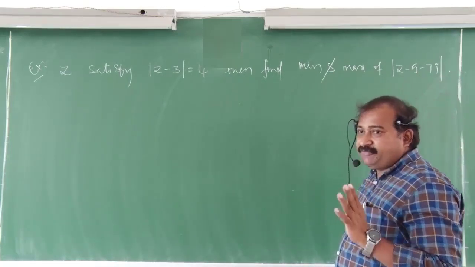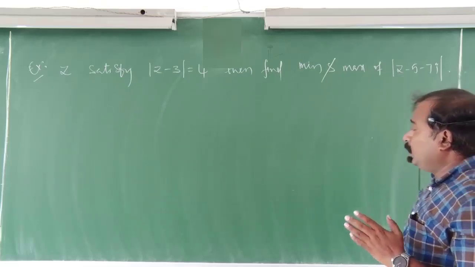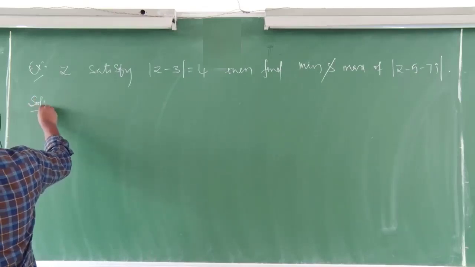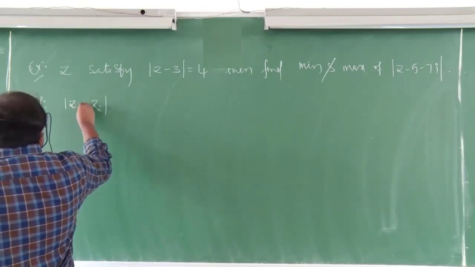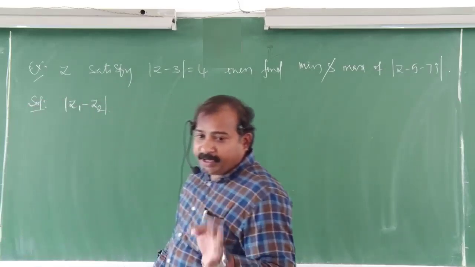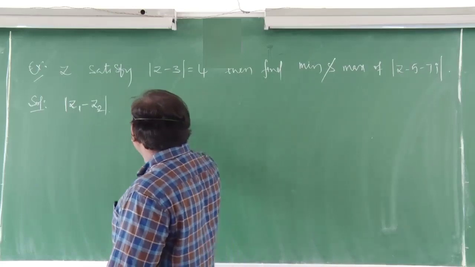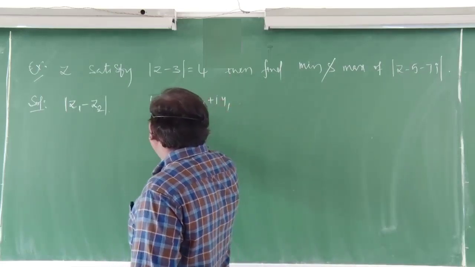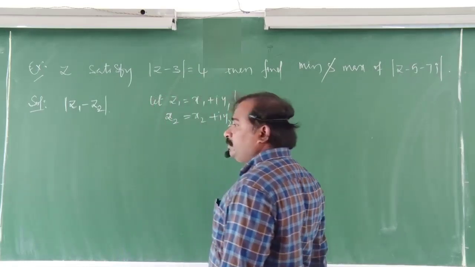First of all, before going into detail, what is the geometrical meaning of modulus of z1 minus z2? Let z1 be equal to x1 plus iy1 and let z2 equal to x2 plus iy2.